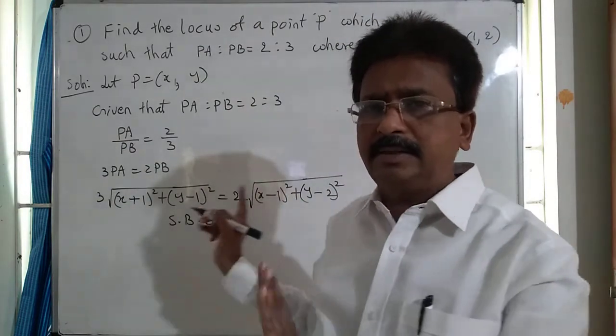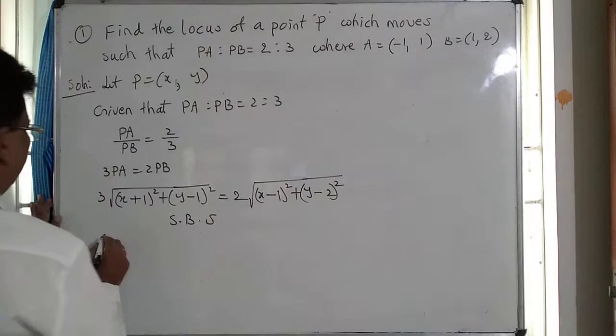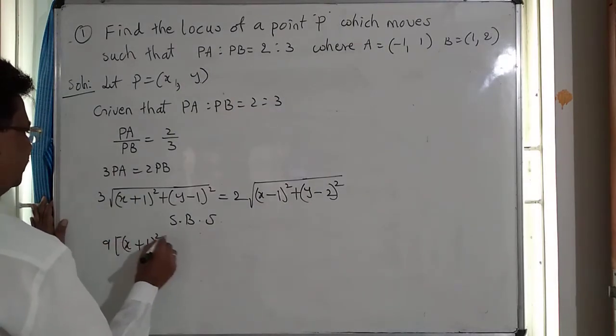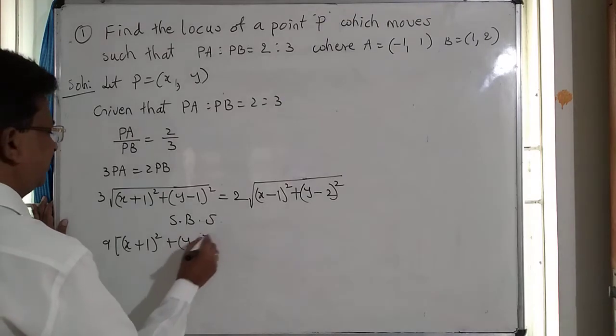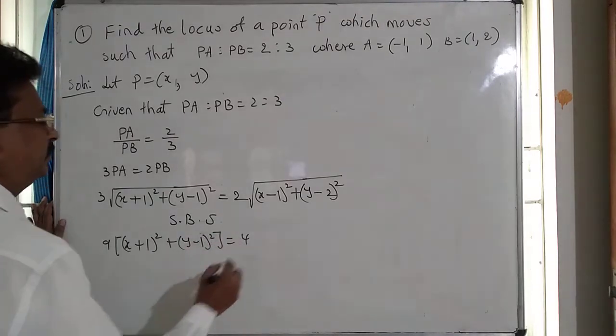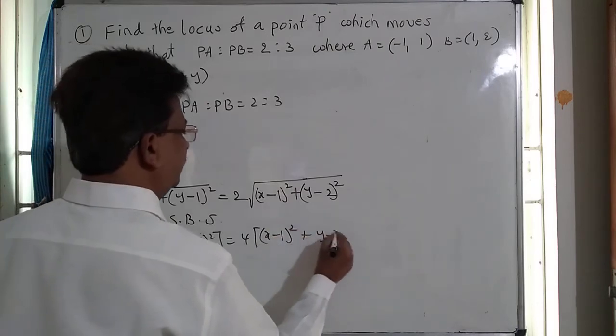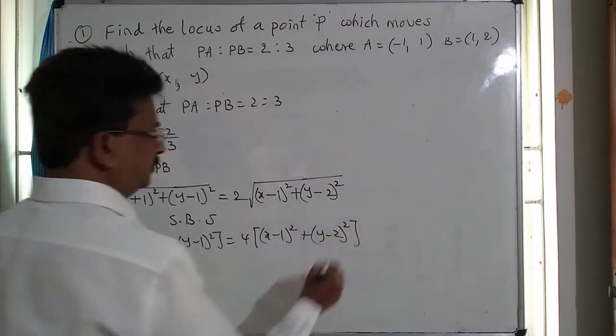The right side also the same thing. 9 into (x plus 1) whole square plus (y minus 1) whole square is equal to 4 into (x minus 1) whole square plus (y minus 2) whole square.